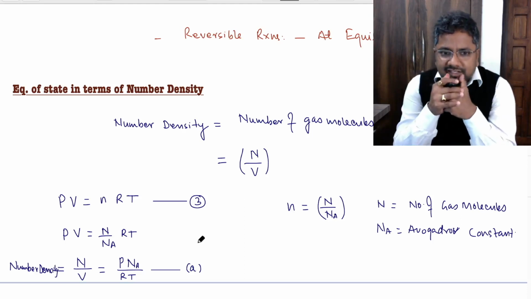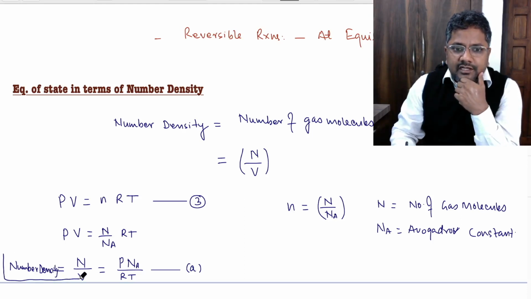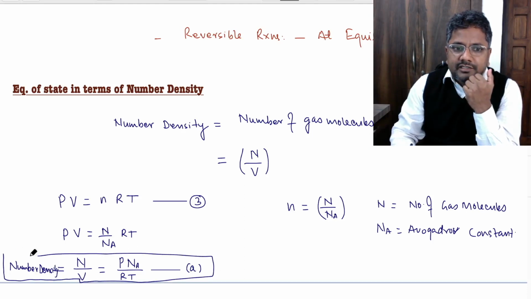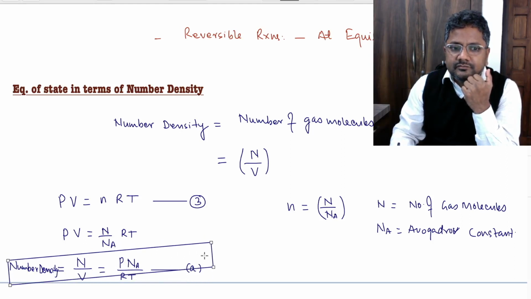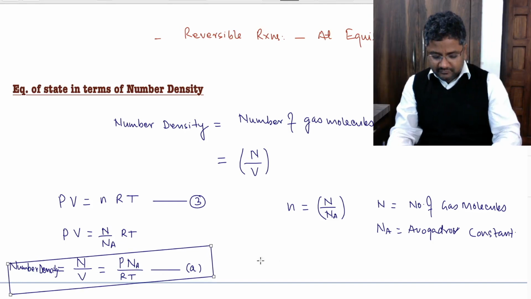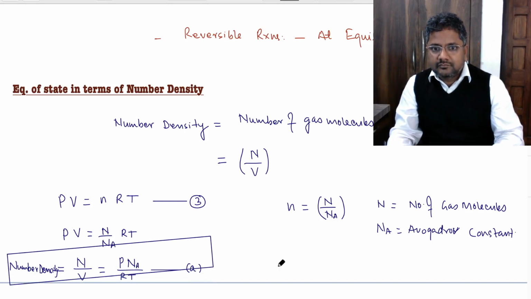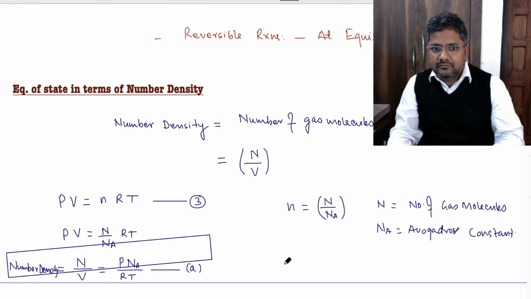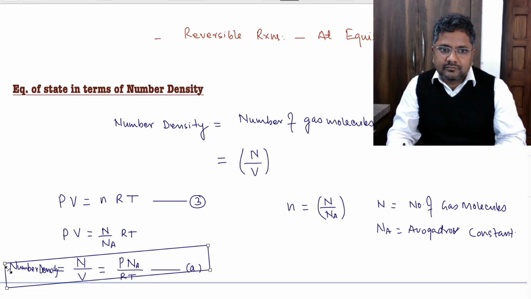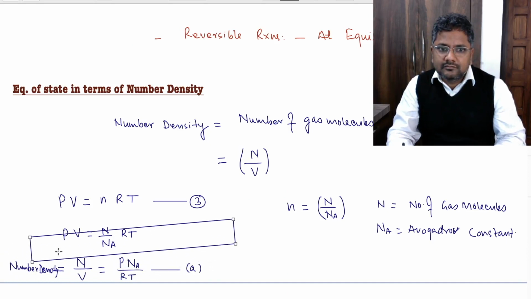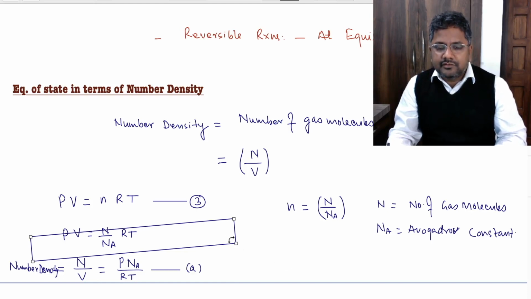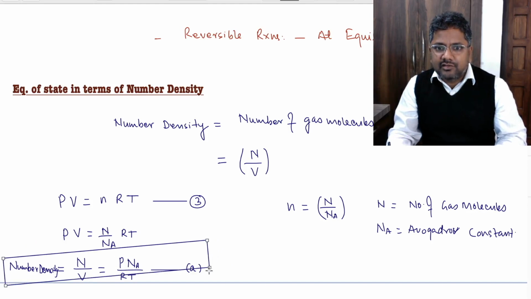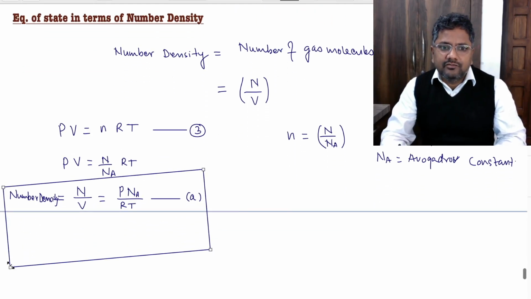Sometimes this number density term is more important than mass density, because sometimes we deal with the number of gas molecules present per unit volume.